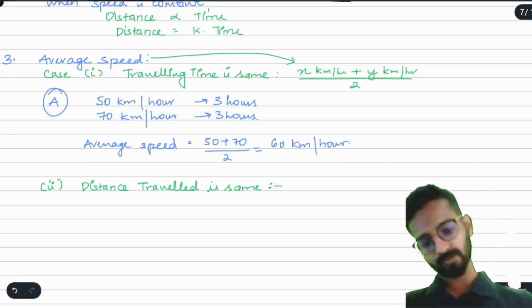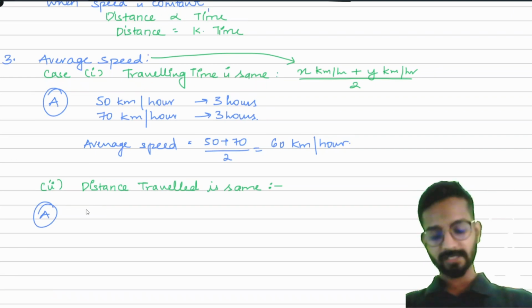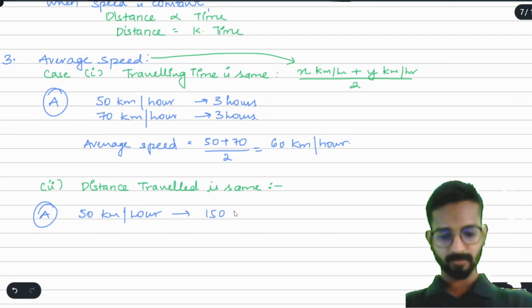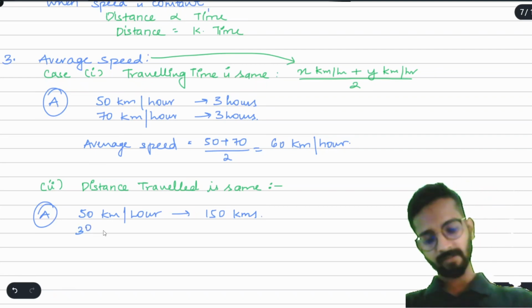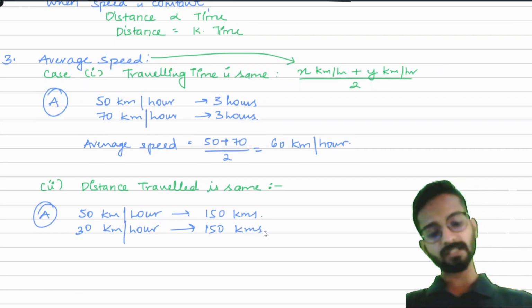Now they are saying A is driving a car at 50 km per hour and he covers say 150 kilometers. Then he is driving at 30 km per hour and while driving at 30 he again covers 150 kilometers. Simple. At both speeds the distance traveled is the same.